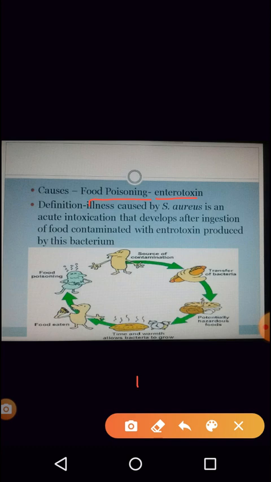Basically, what they want to say is that it is an intoxication caused by the enterotoxin produced by the microorganism, and it is an acute illness. Acute means it is short-lived, it does not prolong, it doesn't stay for many days. That is the basic definition.